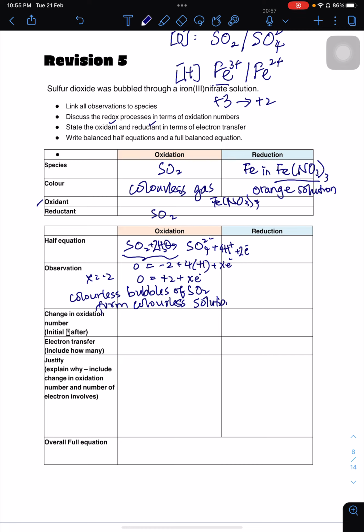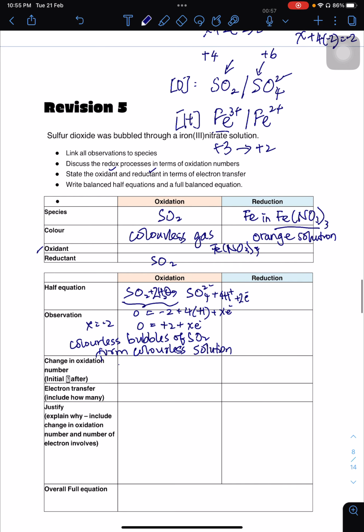Sulfate ion is a colorless ion, okay, and the change in oxidation number, so you have to write specifically, that would be +4, okay, for sulfur in sulfur dioxide, okay, increases to +6 for sulfur in sulfate.